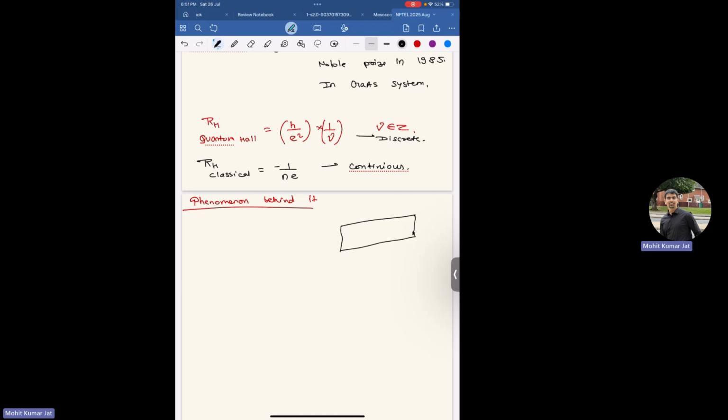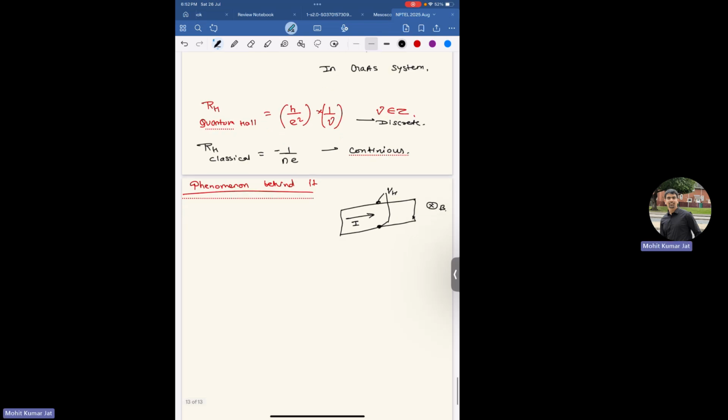In 3D, you won't observe the quantum Hall effect because the Z levels will just smear and give enough states in between, so quantum Hall states will not be formed. So you have your current I like this, the magnetic field B perpendicular, and you measure VH between these two points.